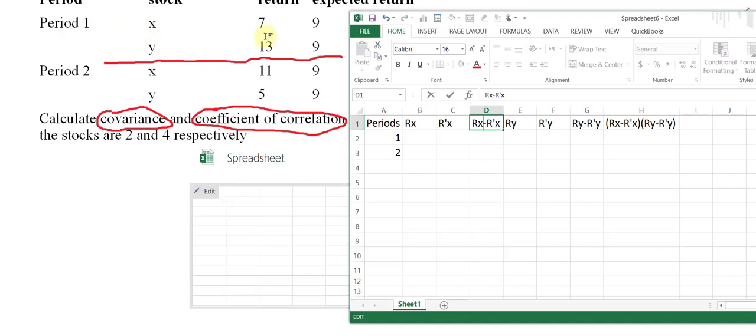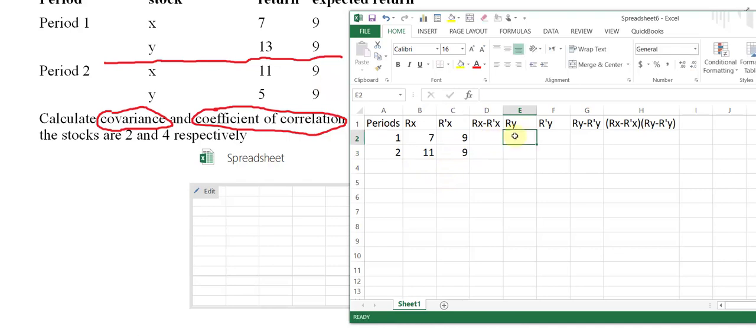Period 1, stock X. How much is return? Stock X return is equal to 7, so you can mention 7. Of course, period 2, return of X is equal to 13. Then expected return of X. How much is expected return of X? Expected return of X for period 1 is 9, and for period 2 is also equal to 9.